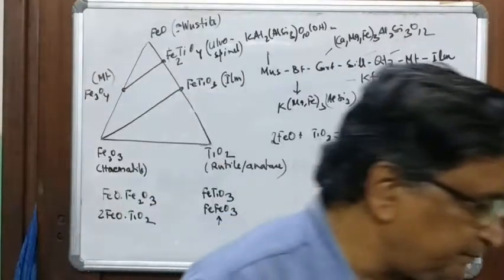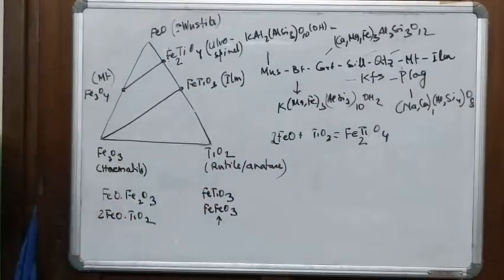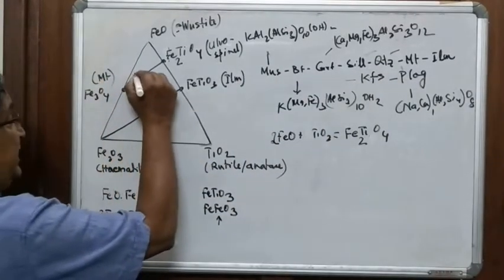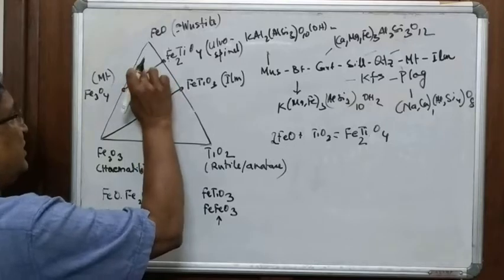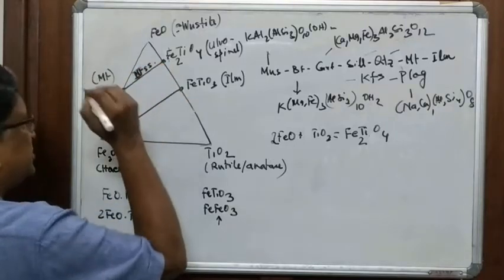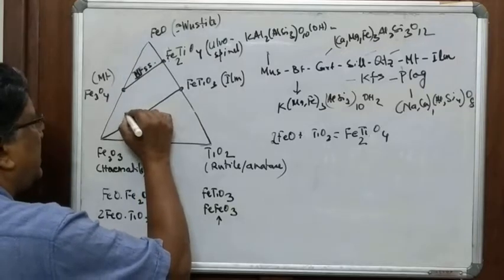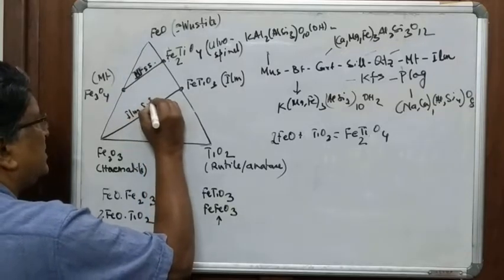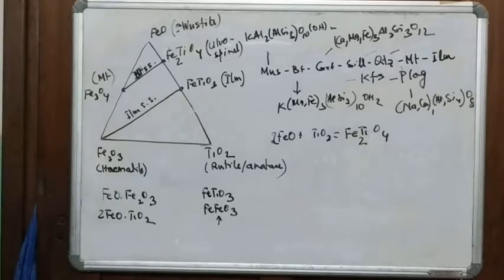So this is called the magnetite solid solution series, and this is called the ilmenite solid solution series. So these are the two end member phases.